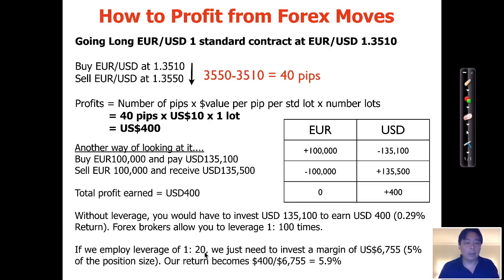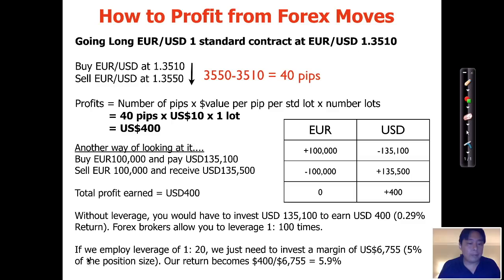In other words, for every 10,000 you put into your account as capital, you don't have to buy more than 200,000 worth of any currency. Very rarely. Usually, I only leverage about 10 to 15 times. So for every 10,000 I put in, I'm only buying 100,000 worth or 150,000 worth of currency.